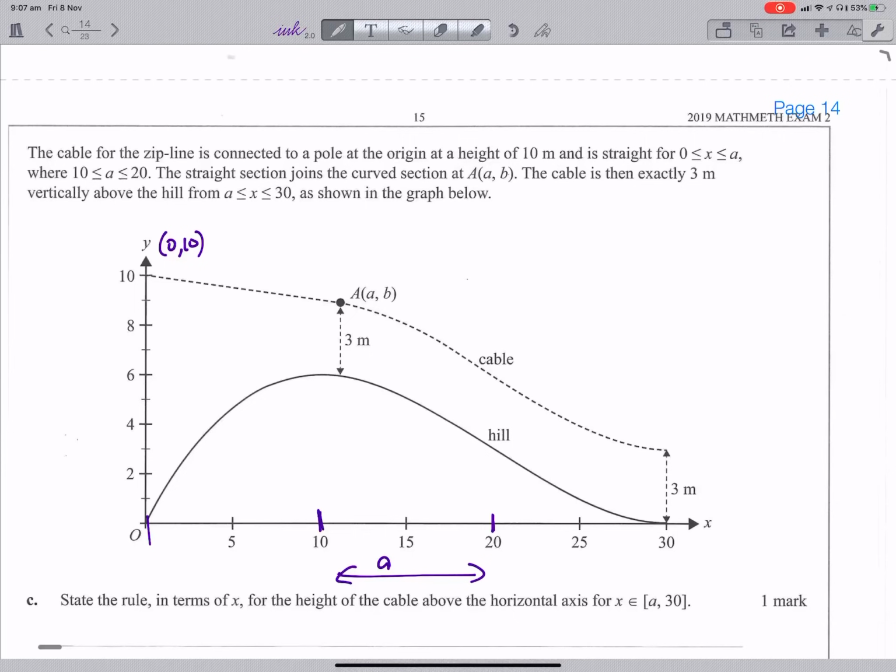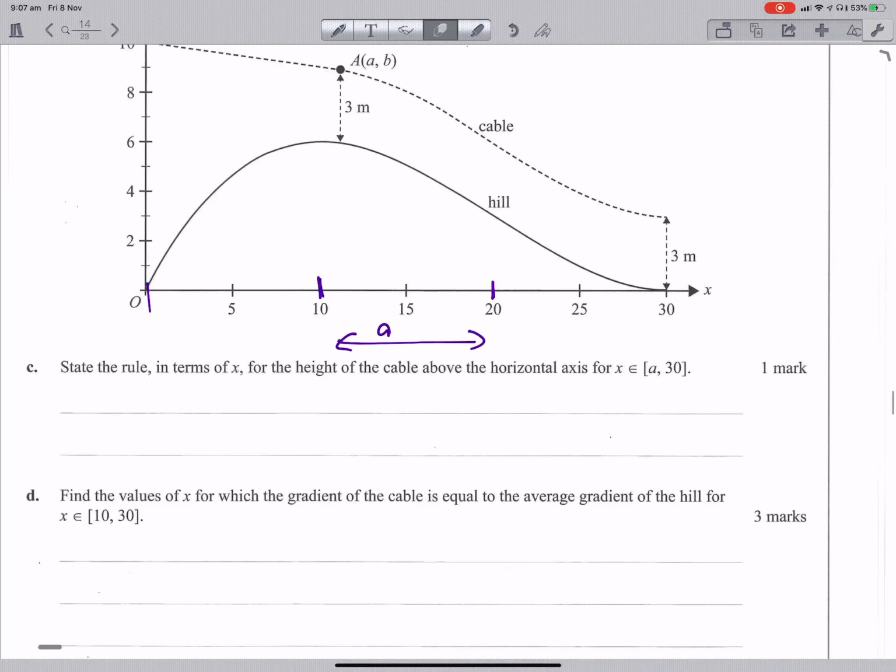The straight section joins the curve at A. The cable is then exactly 3 meters vertically from the hill all the way down to the end.